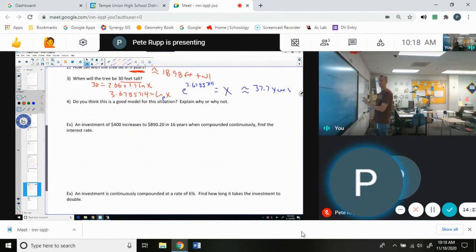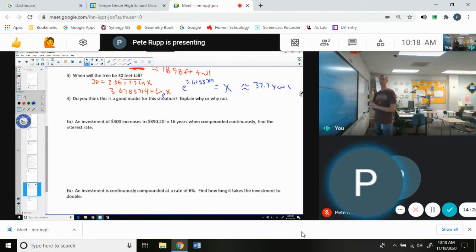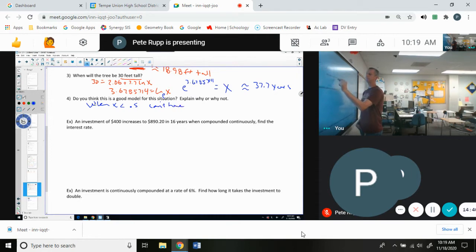Do you think it's a good model for the situation? When x is less than like 0.5, it's no good, okay? Can't have negative tree height. I said value, I meant height, okay?